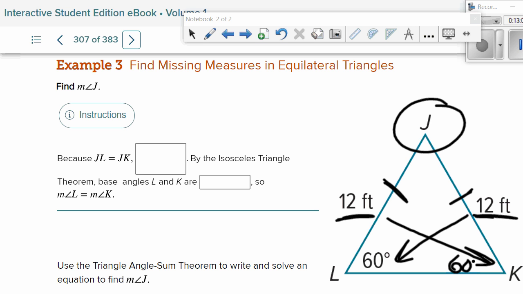Now if I know that a triangle equals 180, and those two together are 120, then I subtract that. That means that this angle has to be 60 degrees, which then leads me to the assumption that this side has to be 12 also for that to happen.